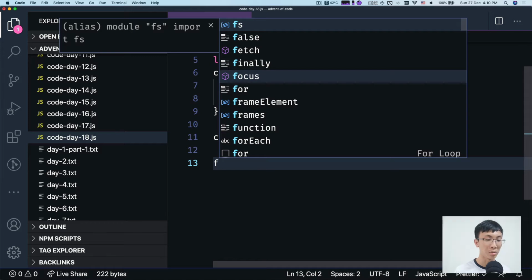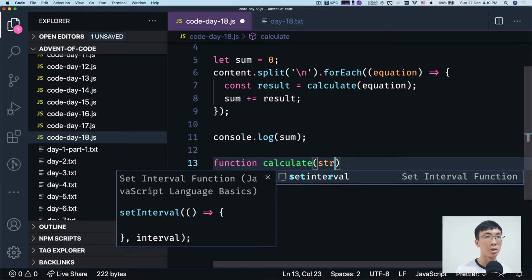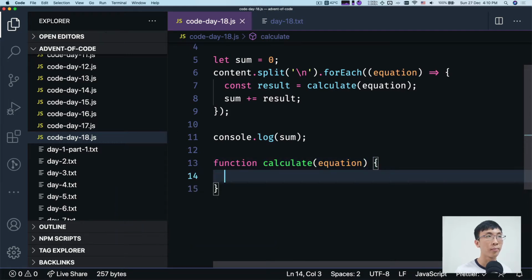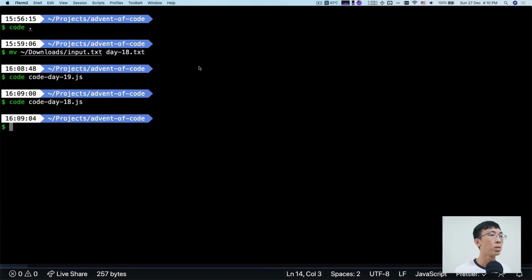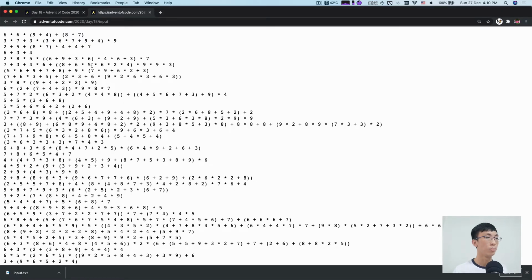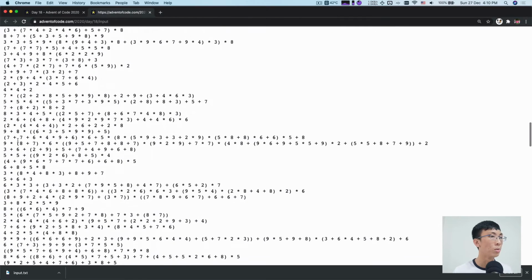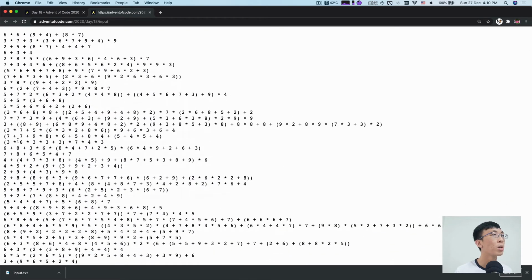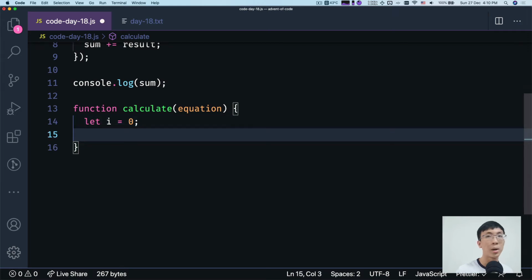Now we are going to fill in the calculate function, which takes a string equation. We are going to parse the characters one by one, right? So we're going to have let i equal to the index, and we are going to parse it one by one.